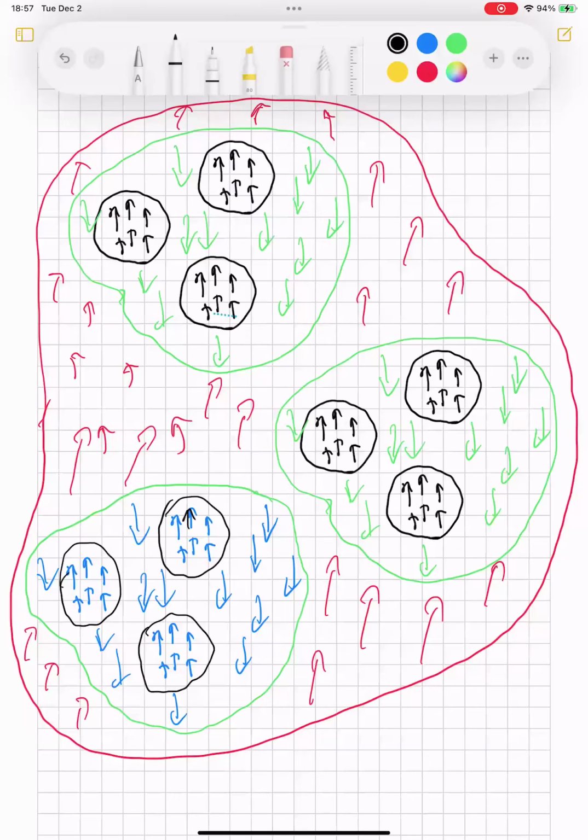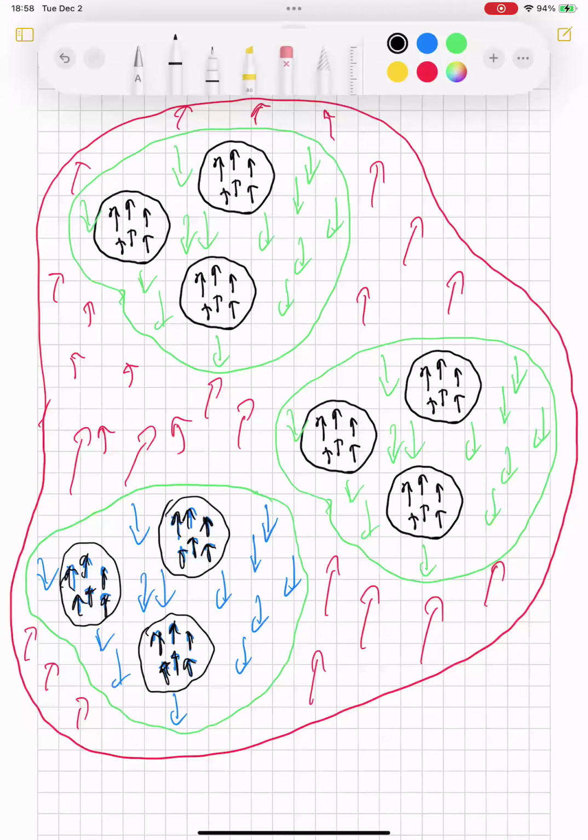So we could study things on the scale of the black droplets. Or we could choose to pick a bigger scale where now we're studying things on the scale of the green droplets. And on that bigger scale, we could ask, well, how big are the green droplets? What's their distribution? They're surrounded by bigger droplets, and those themselves are also surrounded by bigger droplets, and so on.